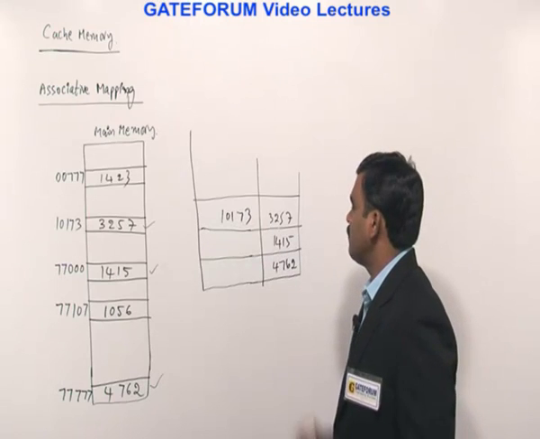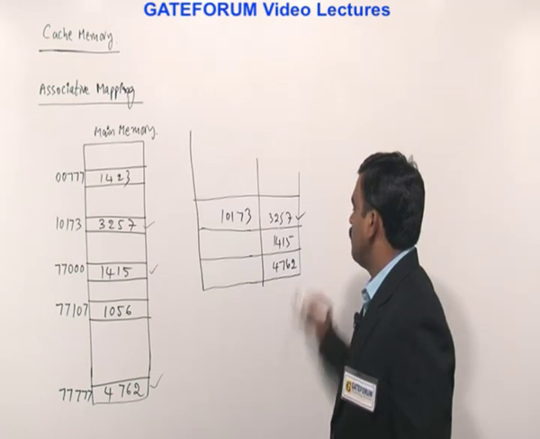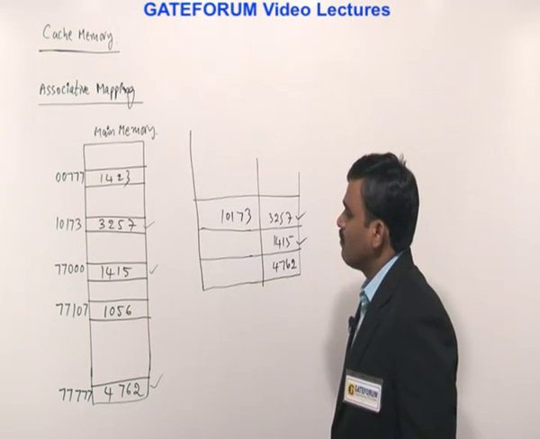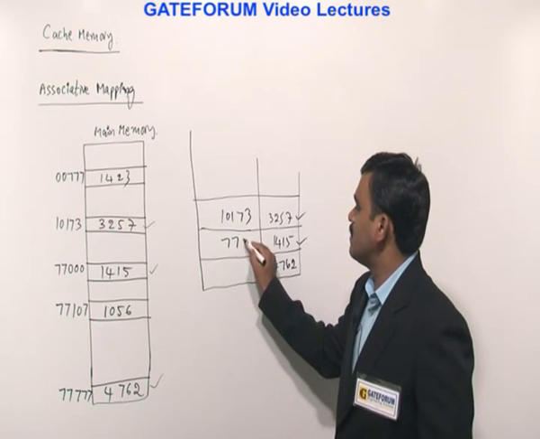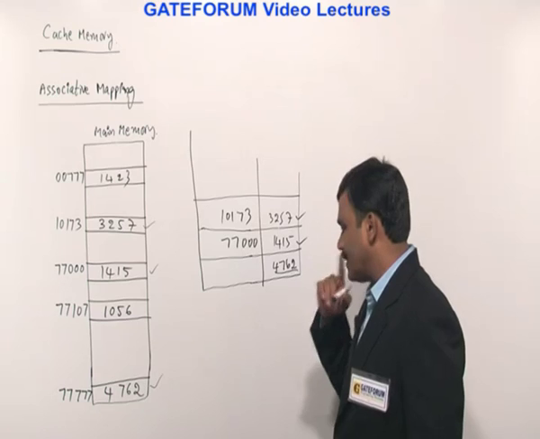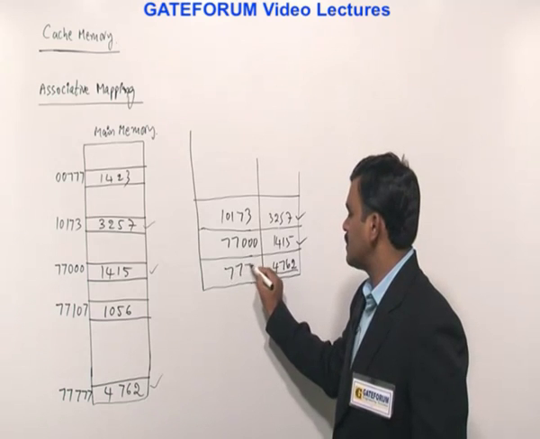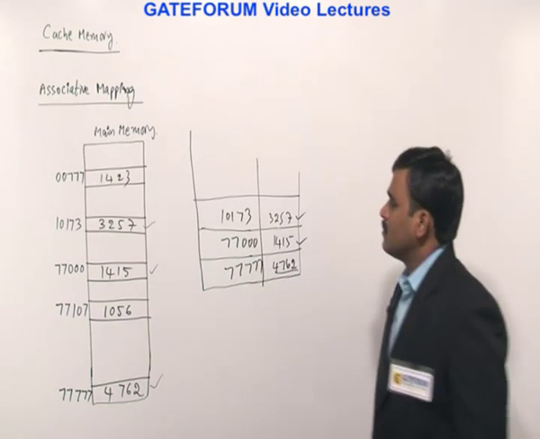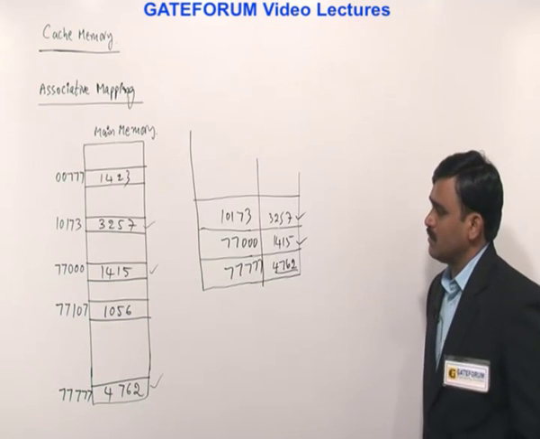This is the main memory address of this data. And what is the main memory address of data 1415? It is 77000. And for 4762, the main memory address is 77777. So a few of the data items we have stored.